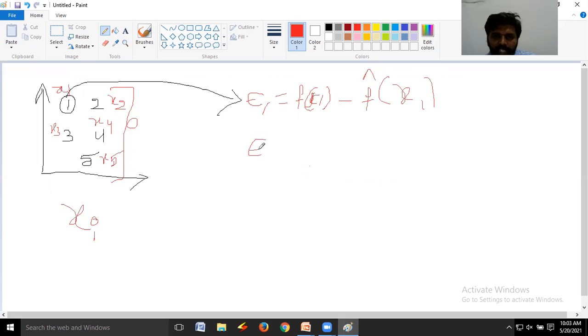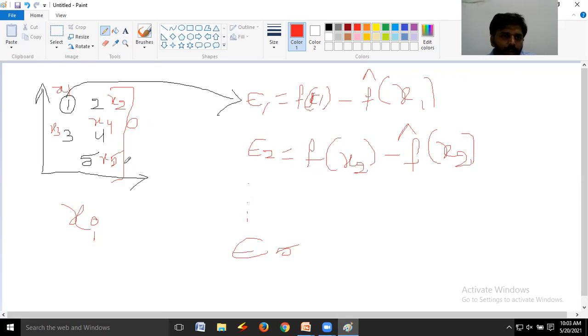Similarly, we are calculating epsilon 2, that is f of X2 minus f cap of X2, which is equal to epsilon 2. Like this, we are calculating up to epsilon 5. Why? Because we are considering only 5 instances on the instance space X.